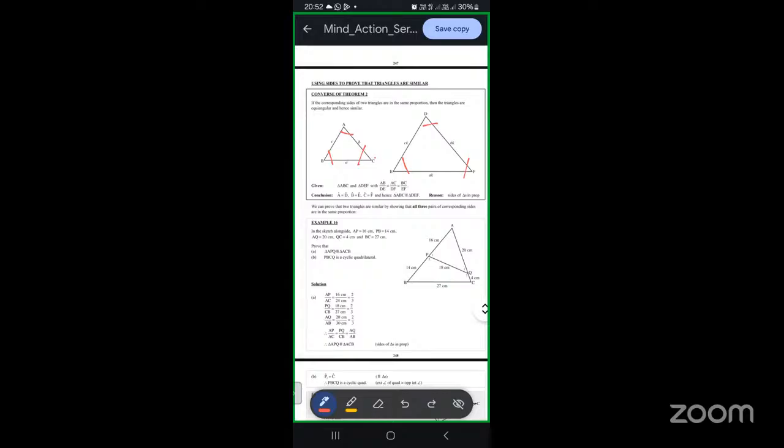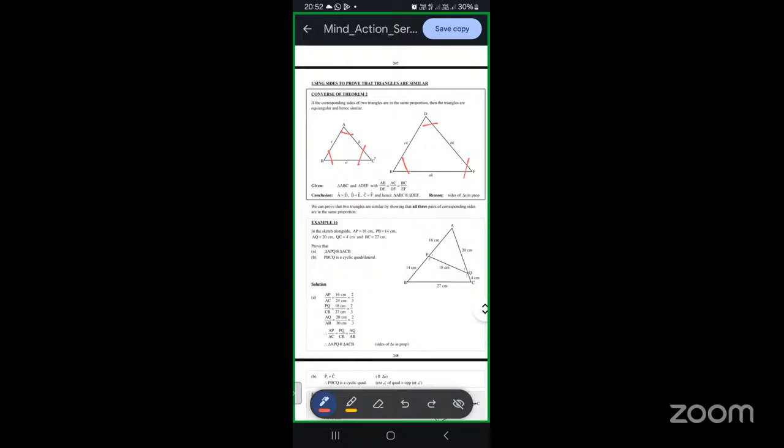They're saying in the example that we can prove that two triangles are similar by just showing all three pairs of corresponding sides are in the same proportion. All the ratios are equal. Now example 16 is saying in the sketch alongside, AP is 16, PB is 14 centimeters, AQ is 20 centimeters, QC is 4 centimeters, and BC is 27 centimeters.